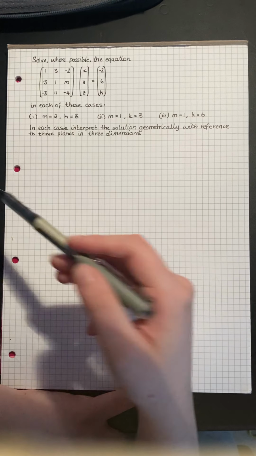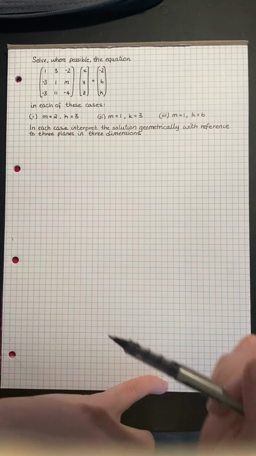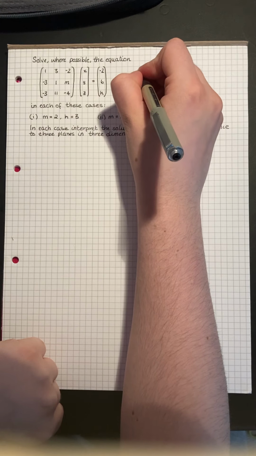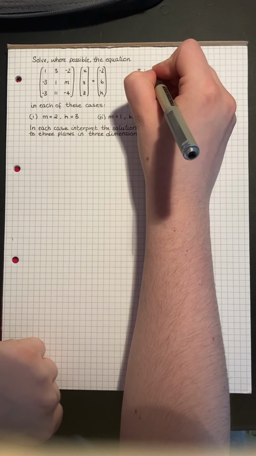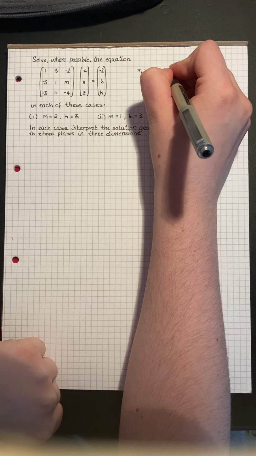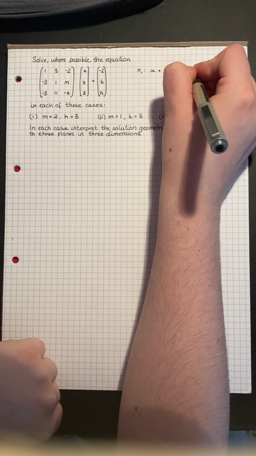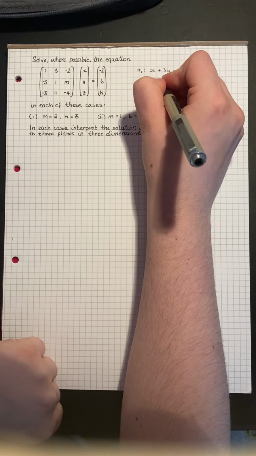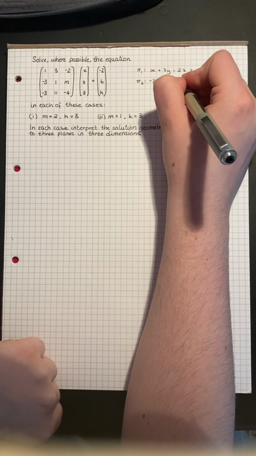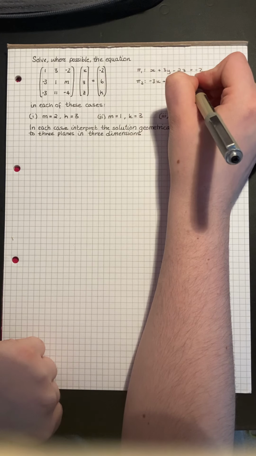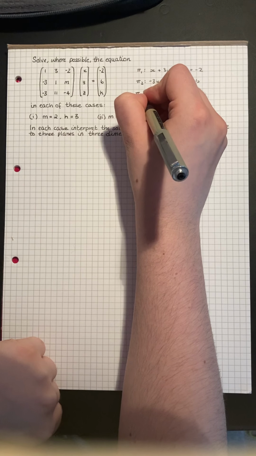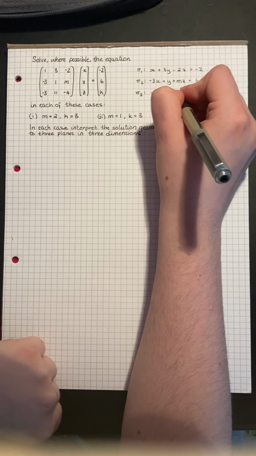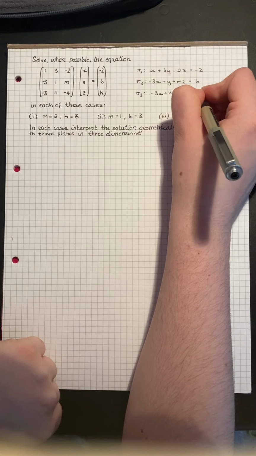So the three planes here would have the Cartesian equations x plus 3y minus 2z equals minus 2, minus 3x plus y plus mz equals 6, and minus 3x plus 11y minus 4z equals k.